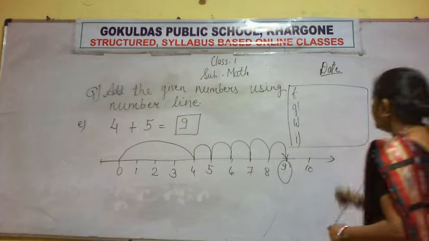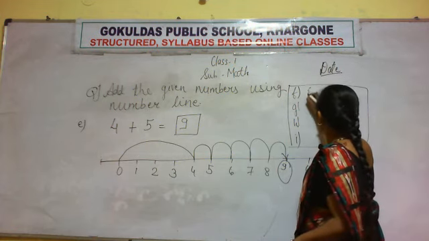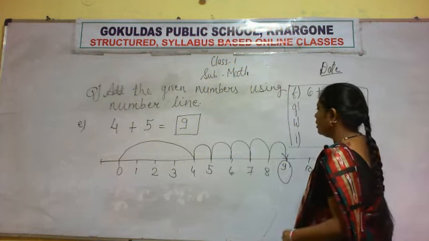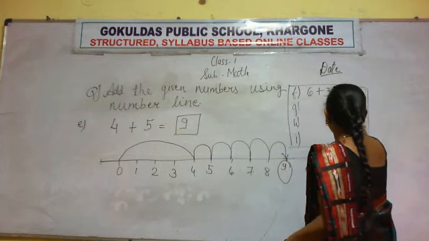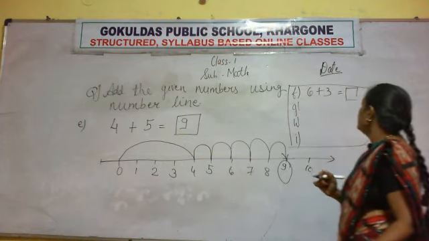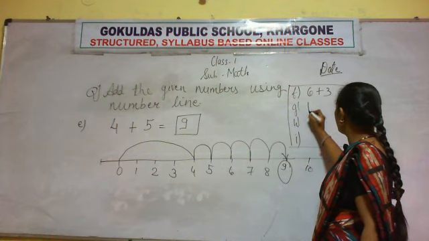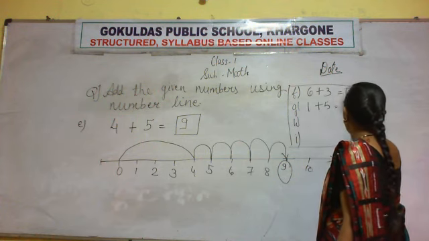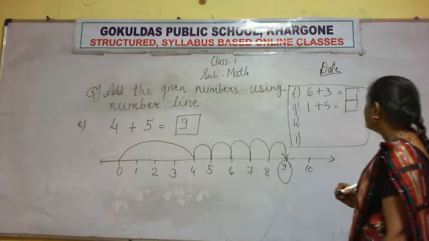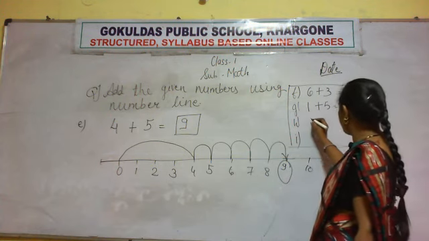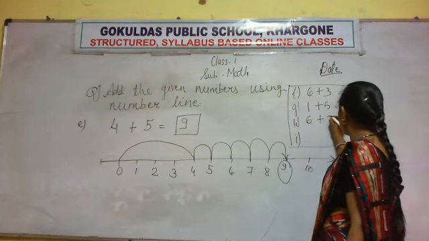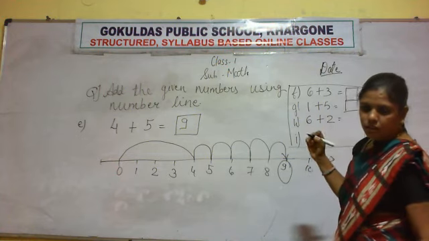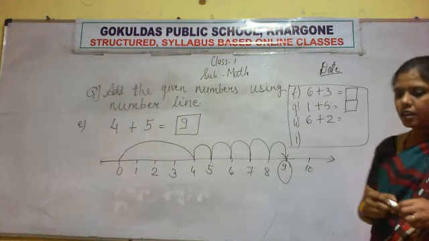Okay. So, write 6 plus 3. 1 plus 5. Next is 6 plus 2. 6 plus 2 is already done.